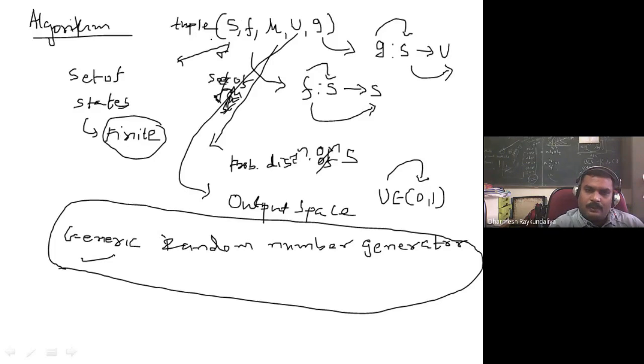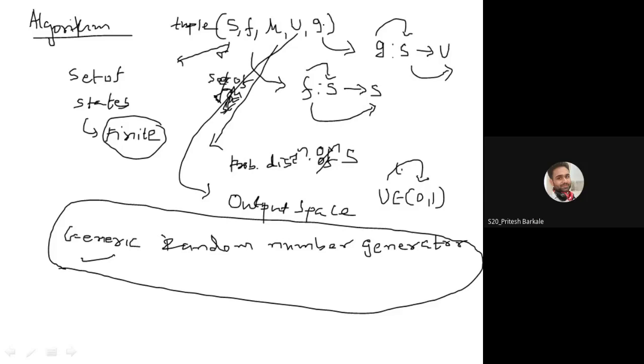S is a finite set of states. F is a function from S to S. Mu is some probability distribution on S. U is an output variable, and G is a function from S to U.